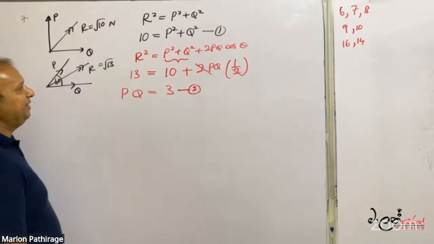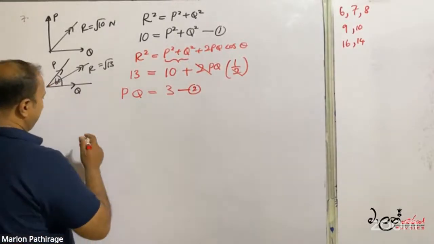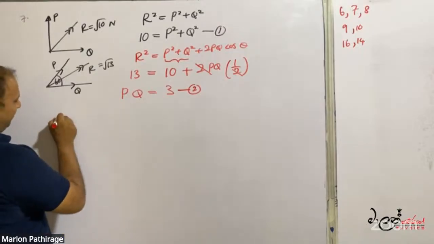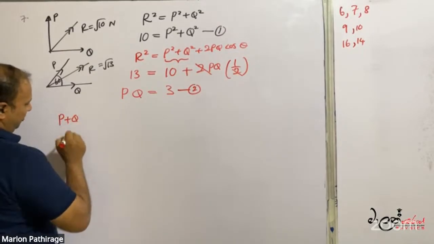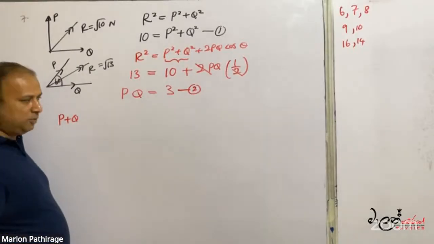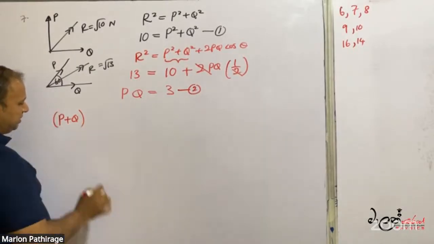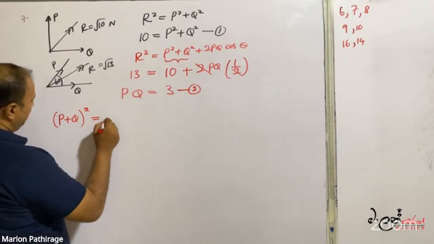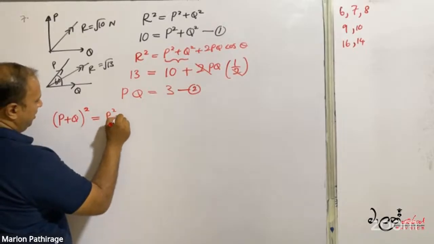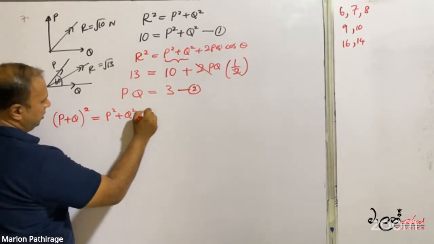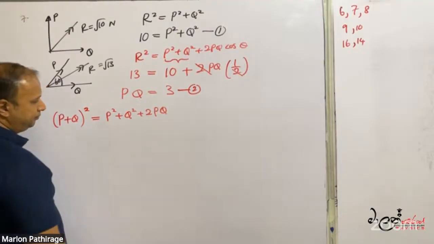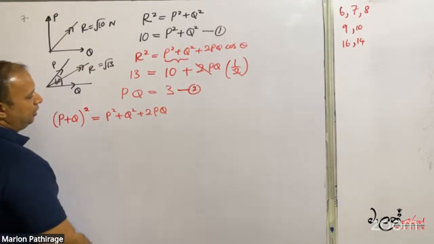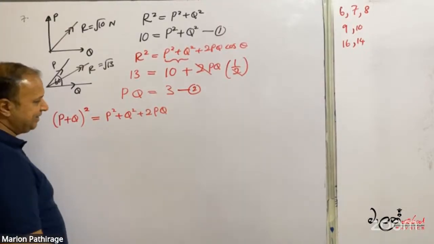The other way is to find P plus Q and P minus Q. Instead of finding P plus Q directly, I can take (P plus Q) square, which is equal to P square plus Q square plus 2PQ. P square plus Q square is 10, and 2PQ is 2 times 3, which is 6.